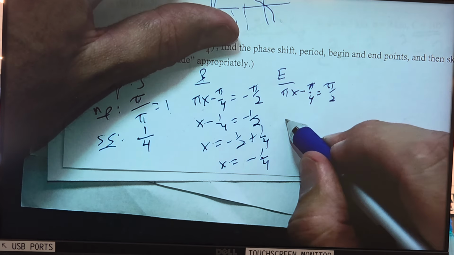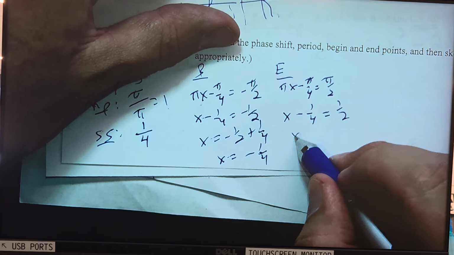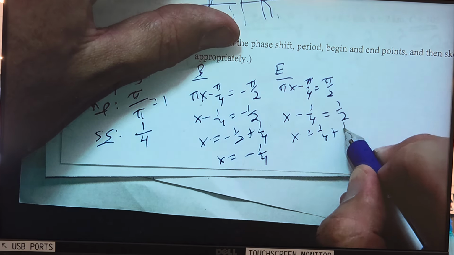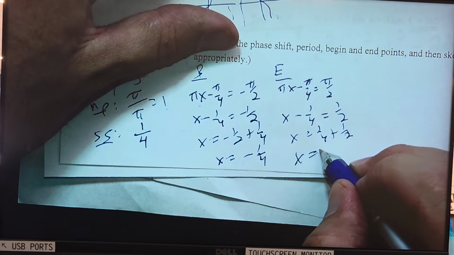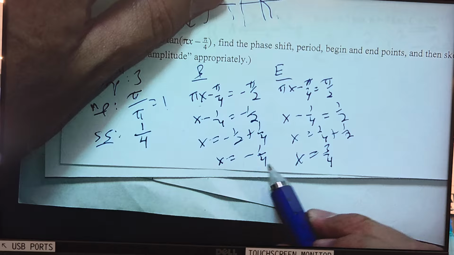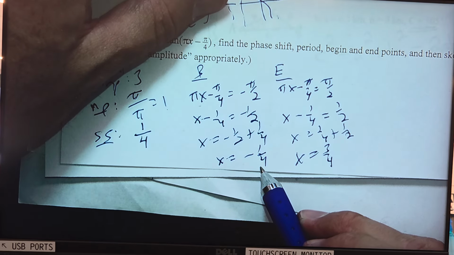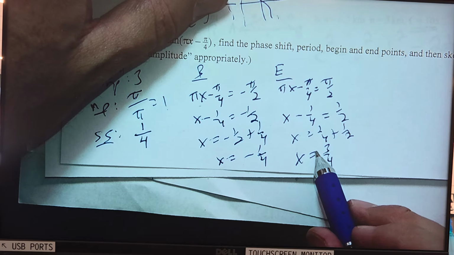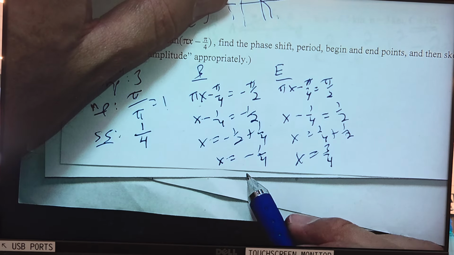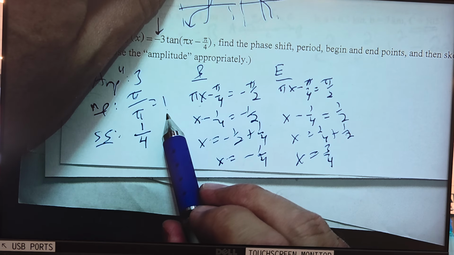Here, I can kill all the pi's again, and if I add 1/4, I'll get 3/4. Now, why is this a good thing to see? How far apart are these? What's 3/4 minus negative 1/4? 1, which is what the period's supposed to be.